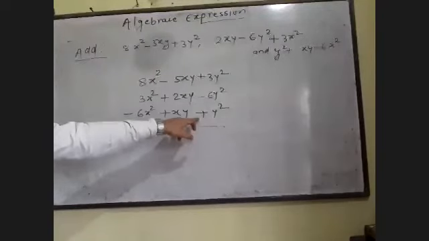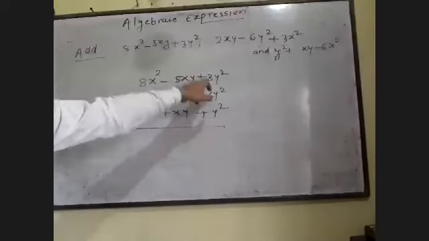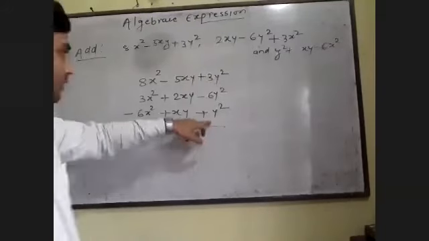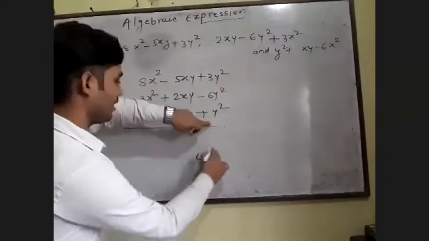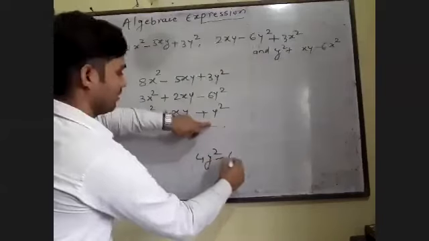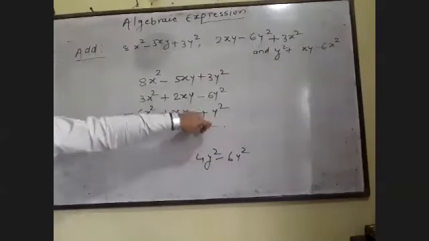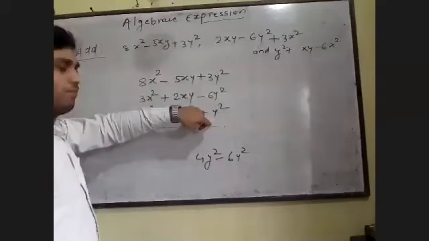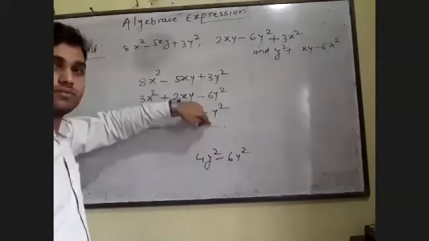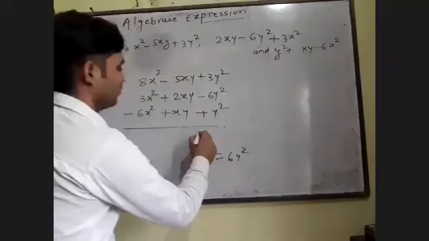This one is 1, right? 3 and 1, it becomes 4, 4y square. 4y square minus 6y square minus y square, it becomes minus 2y square. Minus 2y square.